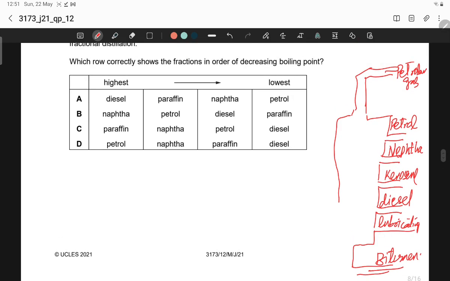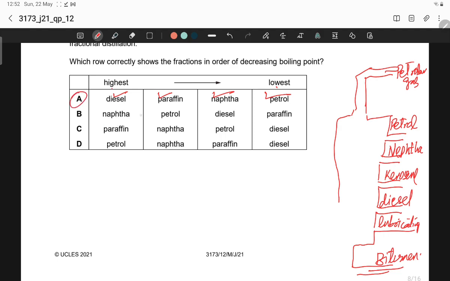So which row correctly shows the fractions in order of decreasing boiling point? Highest to lowest. Diesel is the highest, then kerosene, then naphtha, then petrol. So A must be correct. Let's check the others.